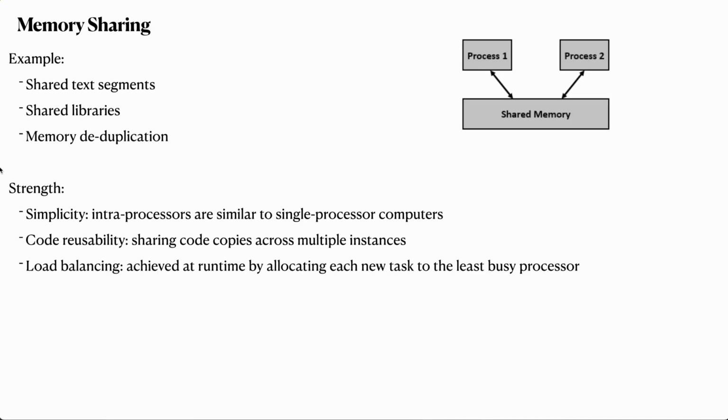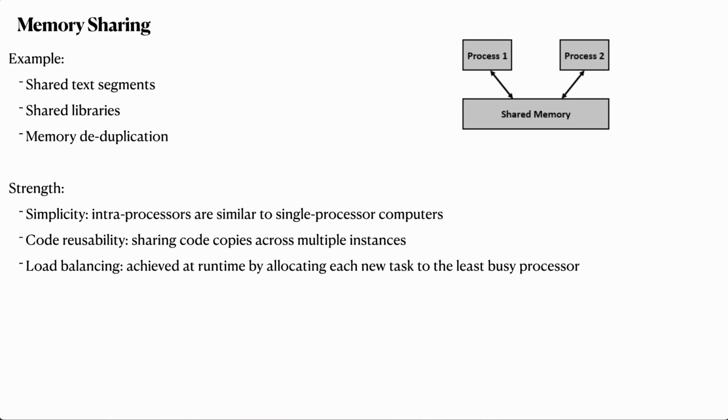And we come to memory sharing. In many scenarios, we share memory when we reuse code to reduce the overall memory footprint of the system. We can share the text segments, we can share libraries, or we duplicate the memory. In the shared memory architecture, the entire memory, for example, the main memory and the disks, is shared by all processors.